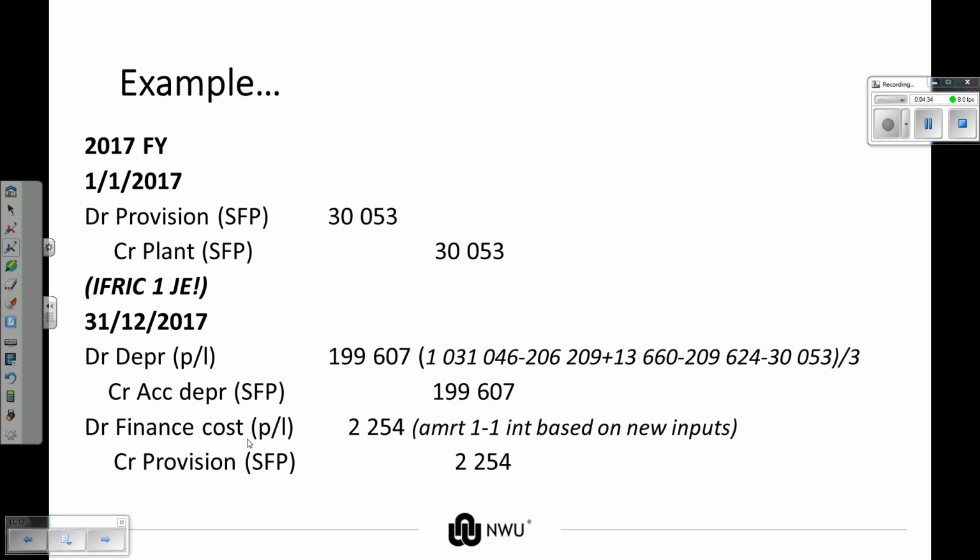Again, my finance cost will be based on the new inputs, and because my new inputs, the present value was beginning of 2017, then to get the interest for the year 2017, I will use my amort 1.1.